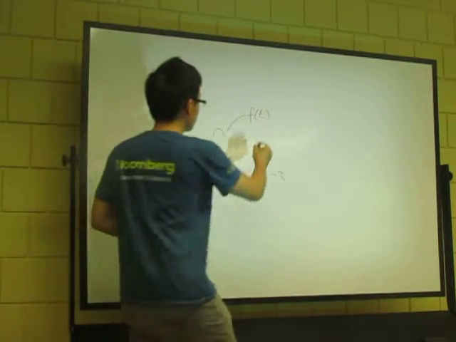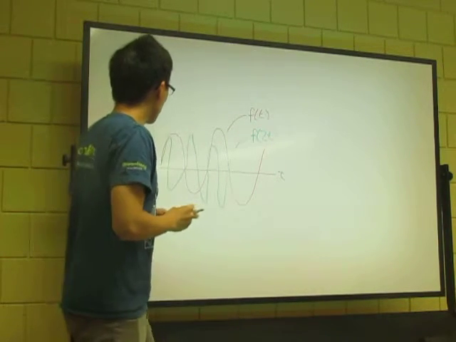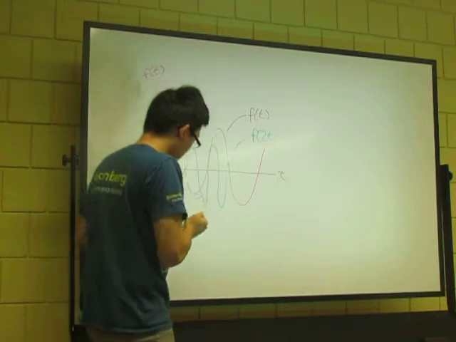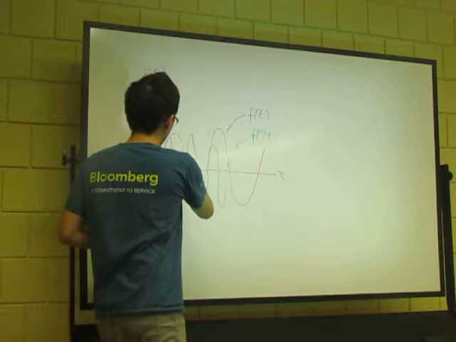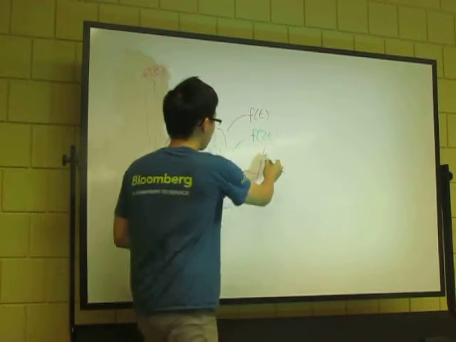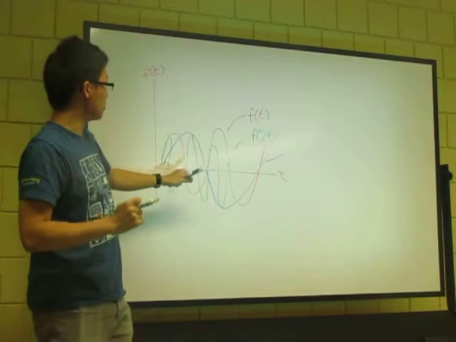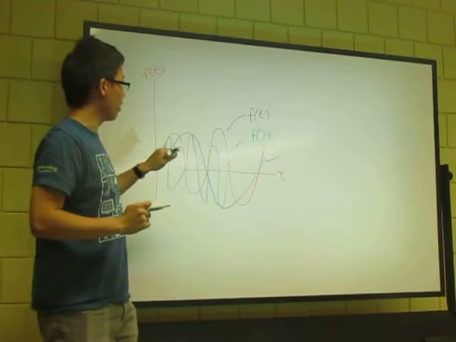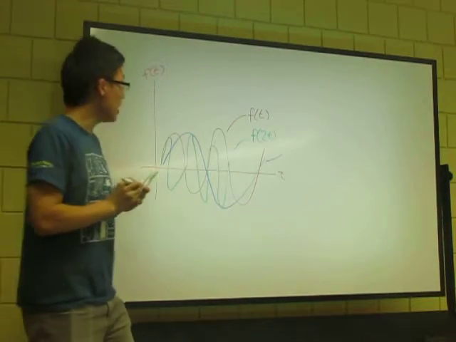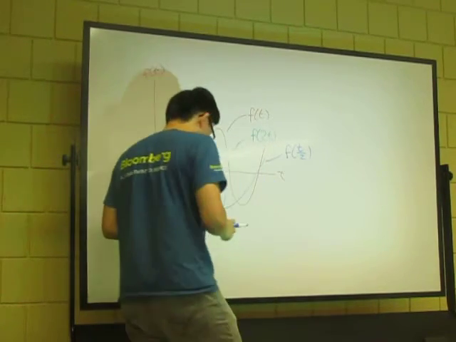Yeah, exactly. So f of 2t is this graph. And if we wanted to halve the frequency, like this, what is this function? If the green one doubles the frequency and is f of 2t, and the blue one halves the frequency, what would be the function? F of a half t. Yeah, exactly. So this would be f of t over 2.